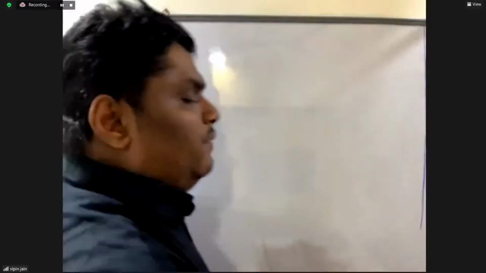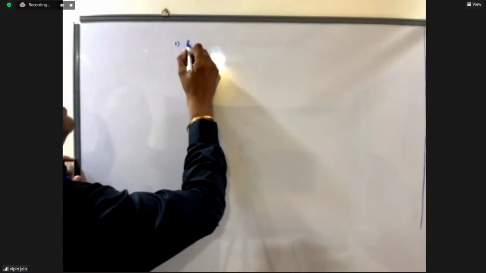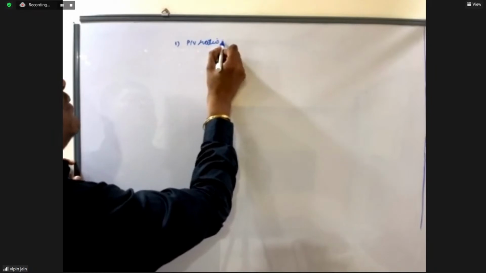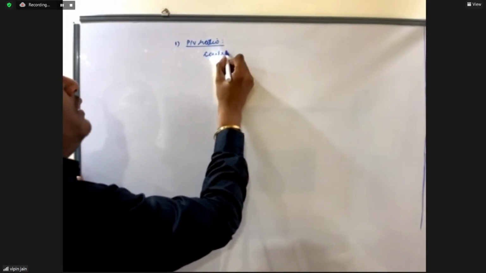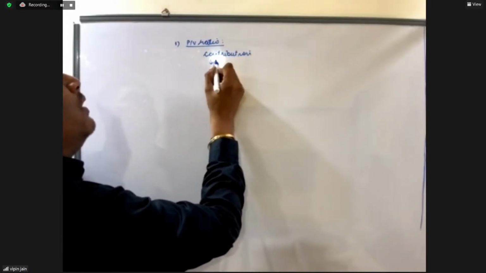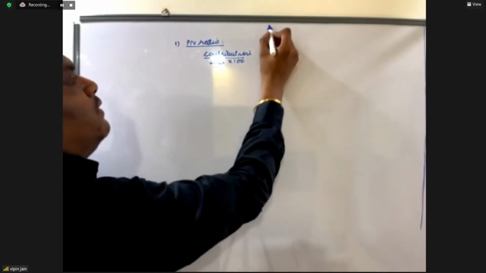So let's summarize what we have discussed till now. The first point we discussed is PV ratio. The formula is contribution divided by sales into 100.